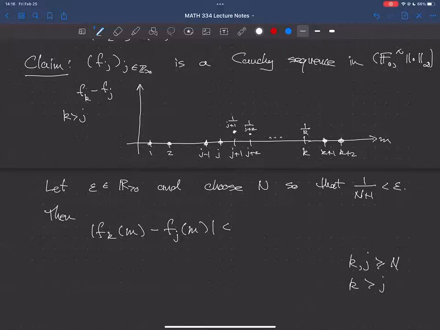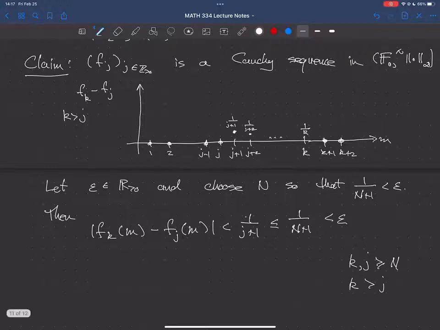So in summary, I'm going to choose n this way. I'm going to choose k and j larger than n, and I'm going to assume that k is greater than j. All right, and upon doing so, my graph drawing skills up here give me that this is less than 1 over j plus 1, which is less than or equal to 1 over n plus 1, which is less than epsilon. Okay.